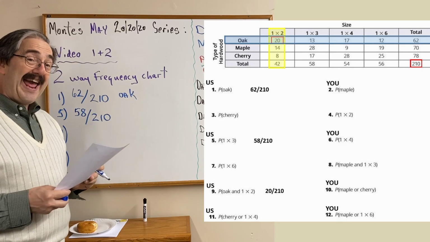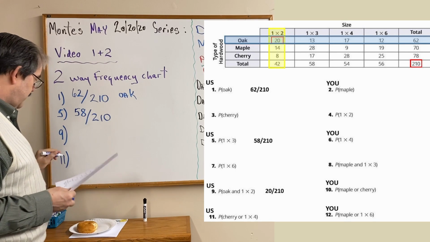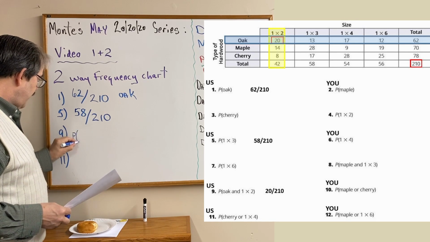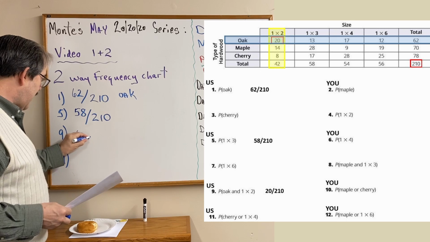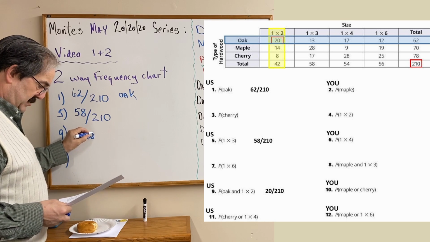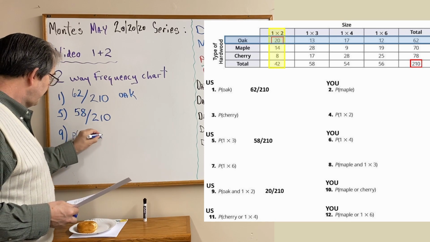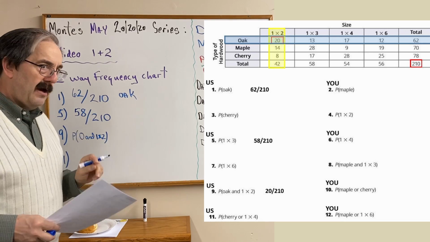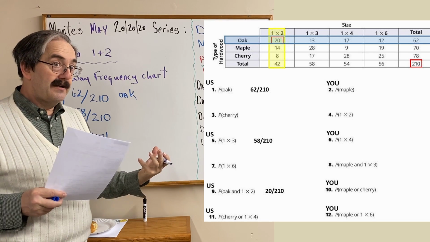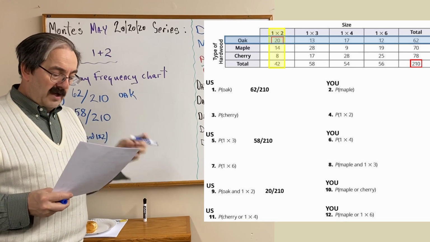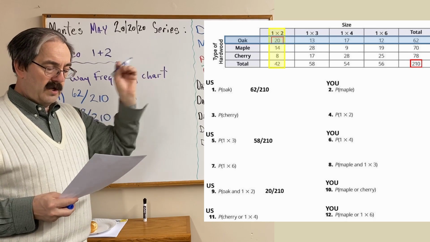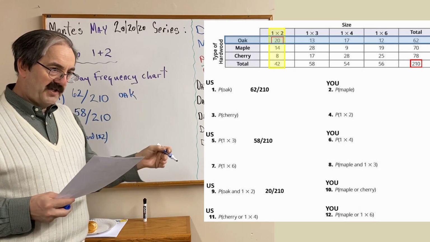Here's our first and. Probability of oak and 1 by 2. Oak and 1 by 2.